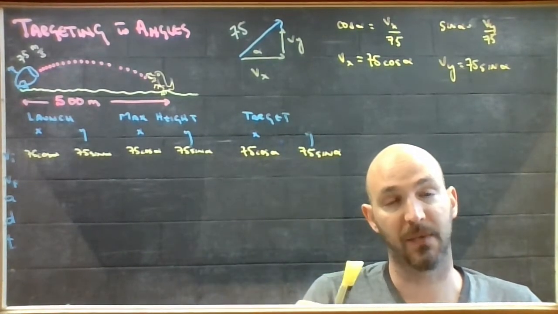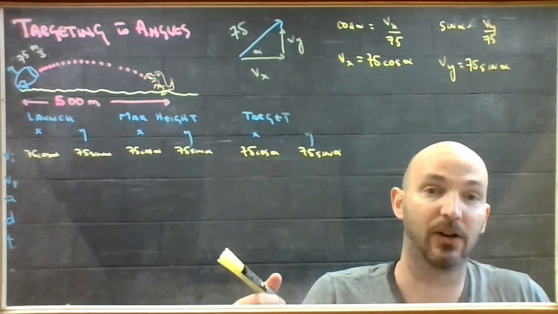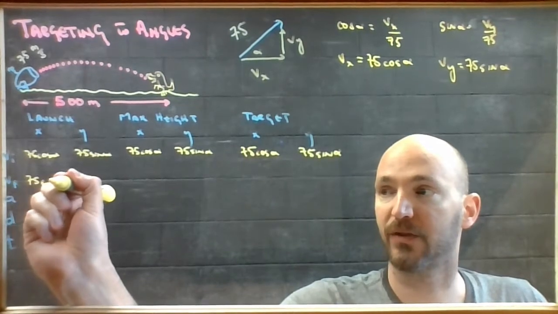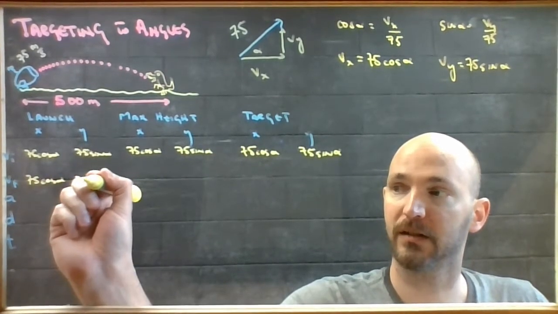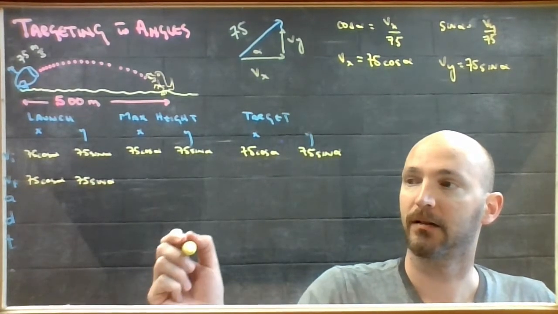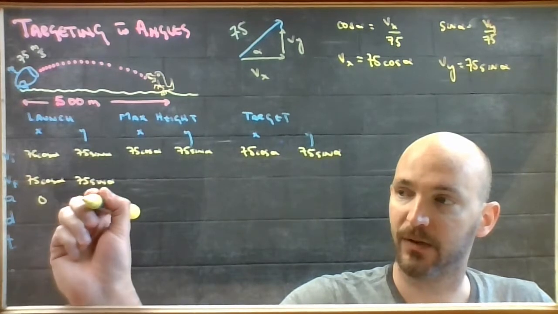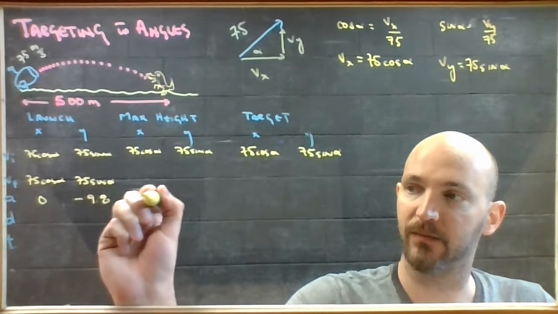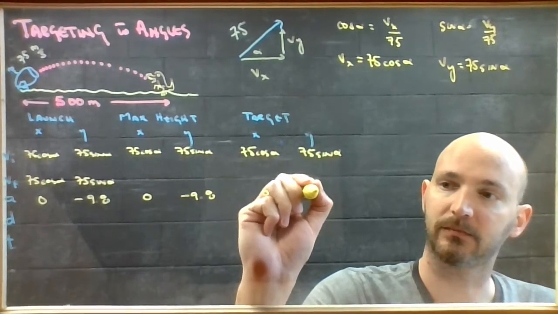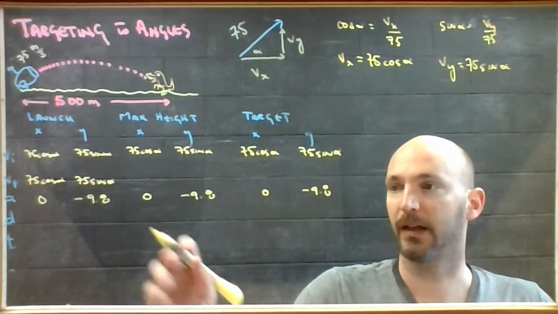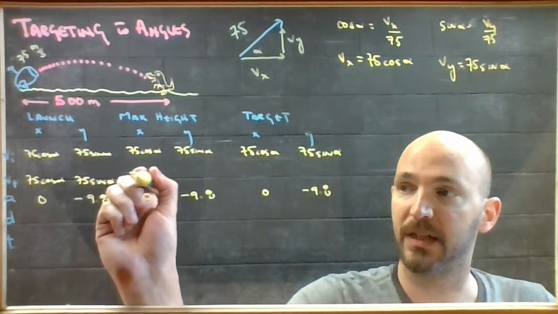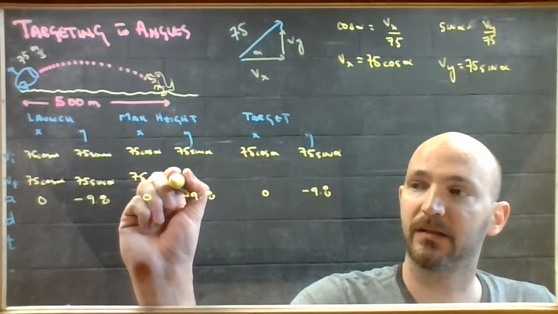Alright, going across my final speeds, filling in the information that I know is true based on projectile motion. These always match here and here. My acceleration is 0 horizontally and negative 9.8 vertically, so I can fill that in. If there's 0 acceleration in the horizontal direction, then the final speed matches the initial speed.